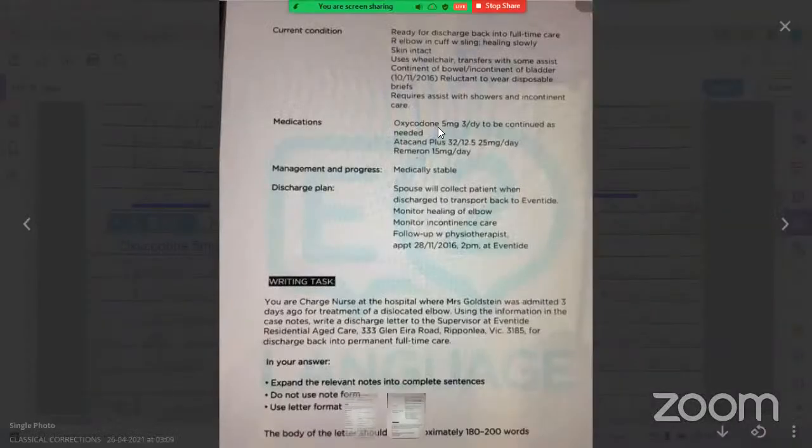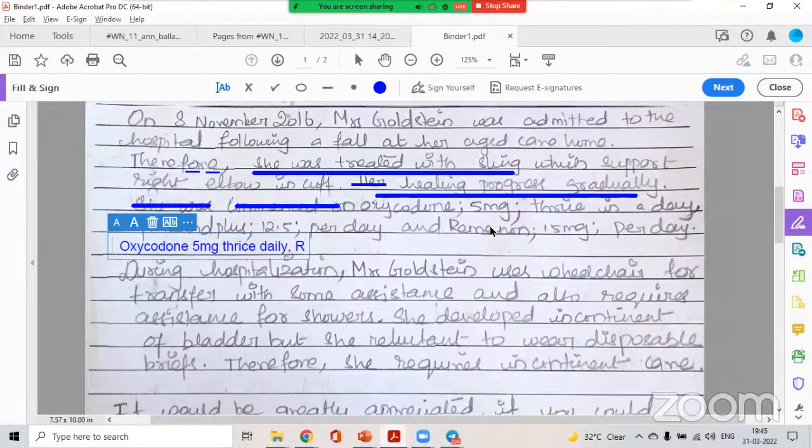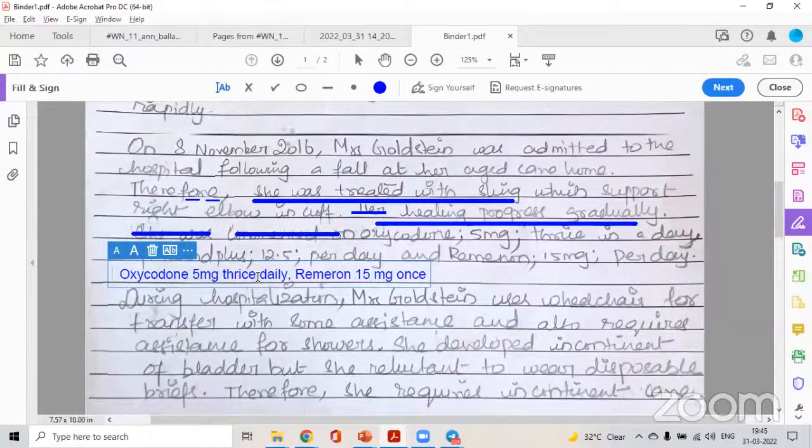Oxycodone, then Remeron, 15 mg once, so no need daily 3 times.